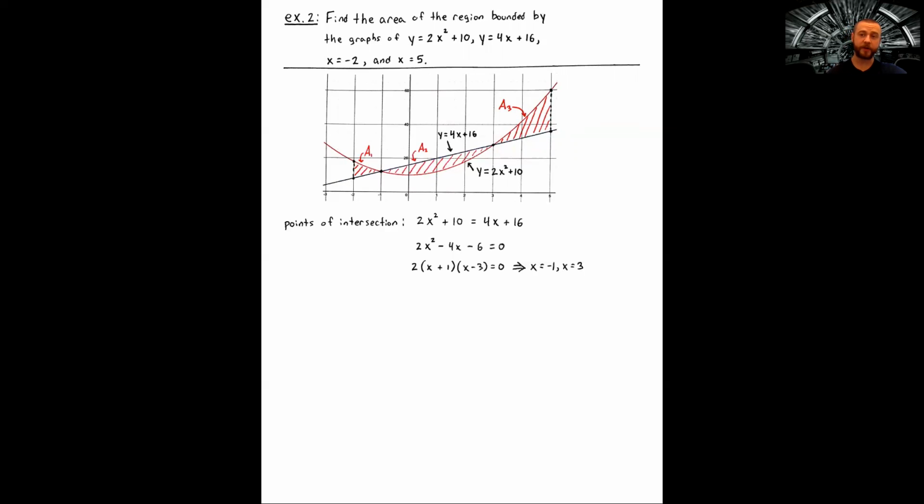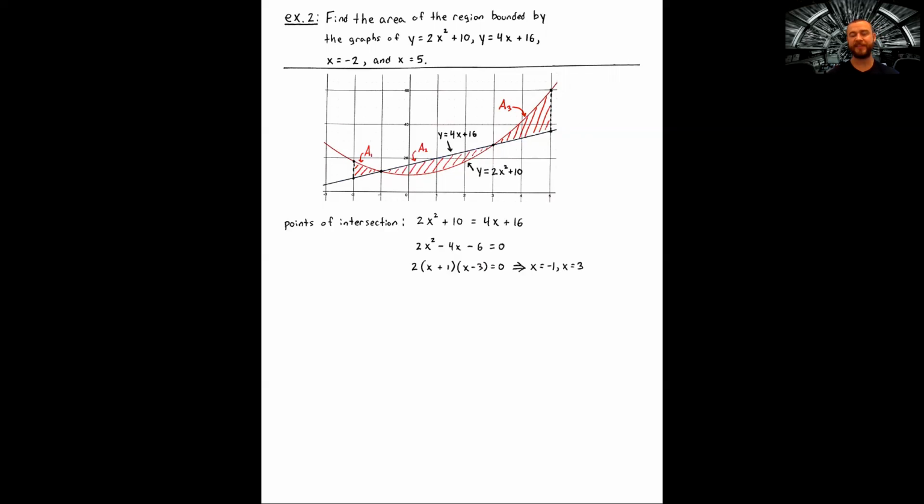If you set the quadratic function equal to the linear function and solve the equation 2x squared plus 10 equals 4x plus 16, that quadratic equation, if you subtract all the terms to one side, will factor, and from each factor you get a solution. So factorization gives you the solutions x equals -1 and x equals 3. That's confirmed in our sketch.